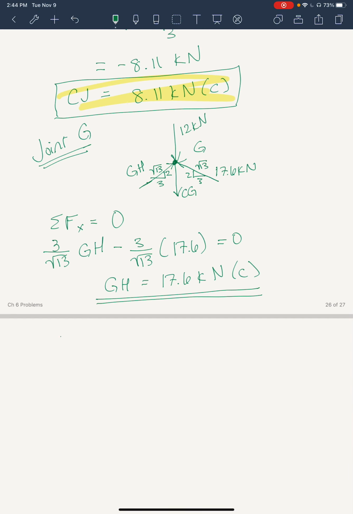And then CG, so now I can sum the forces in the y direction equal to 0. And we get that y component of GH, so 2 over the square root of 13 GH minus CG plus 17.6 times 2 over the square root of 13 minus 12.